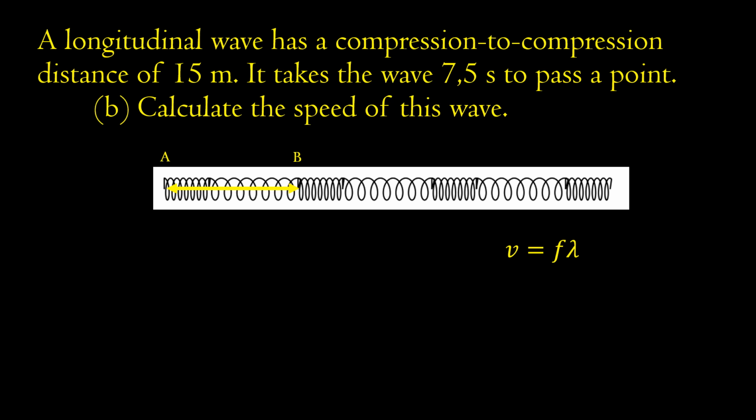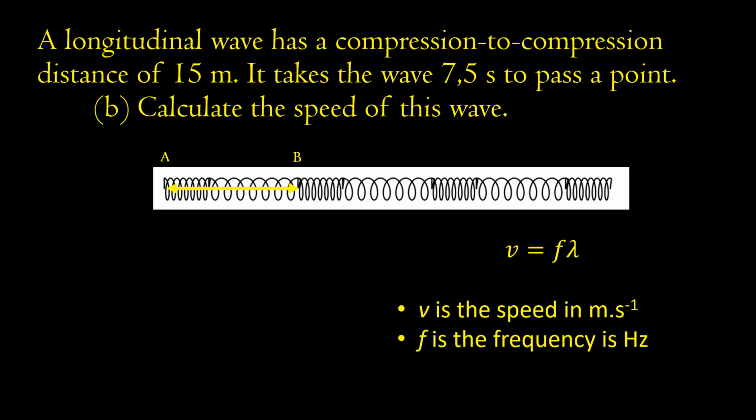The speed v must be in meters per second, the frequency must be in hertz, and the wavelength lambda must be in meters. We know that the wavelength lambda is equal to 15 meters as we determined in question A.